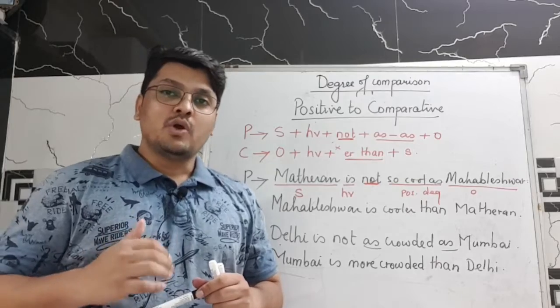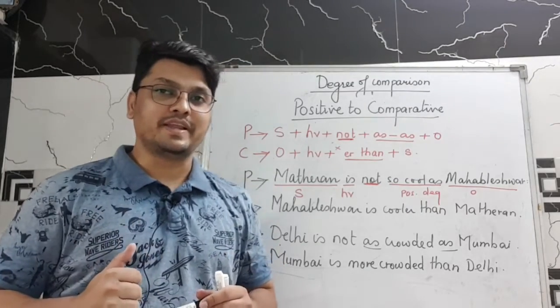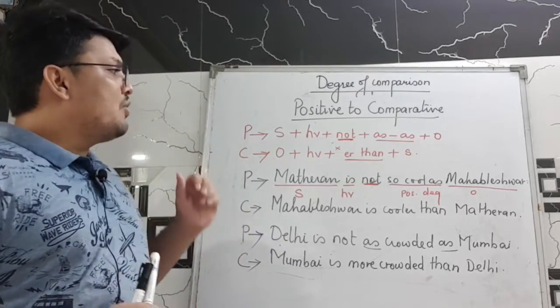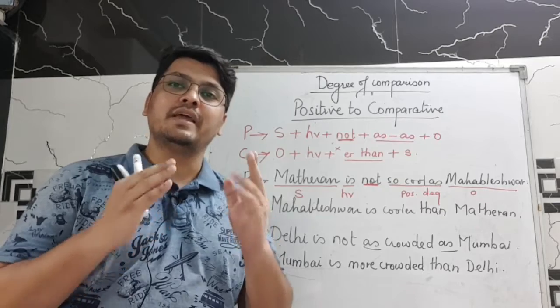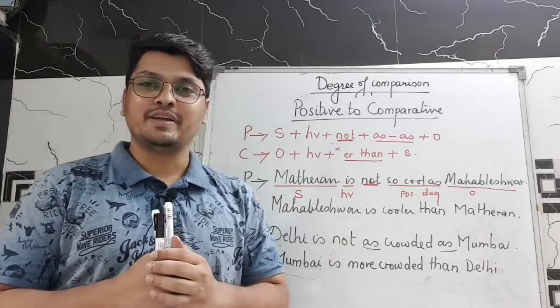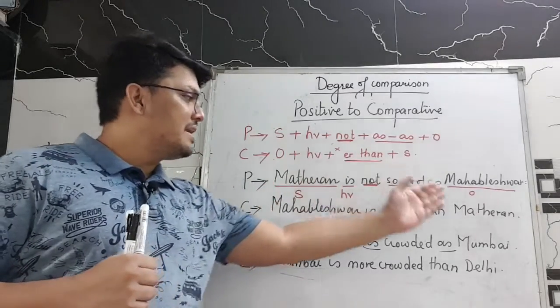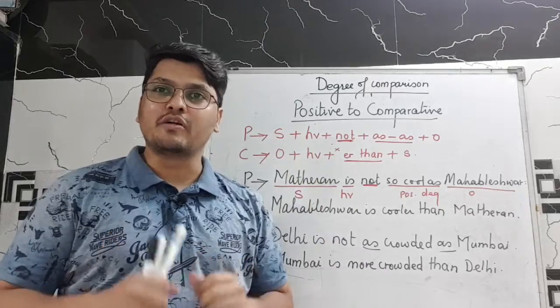Okay, now students, we will learn another type of positive degree. So till now you have seen two specific comparisons in the sentence. This knife, that knife. Matheran, Mahabaleshwar. Delhi, Mumbai. Math, geography.